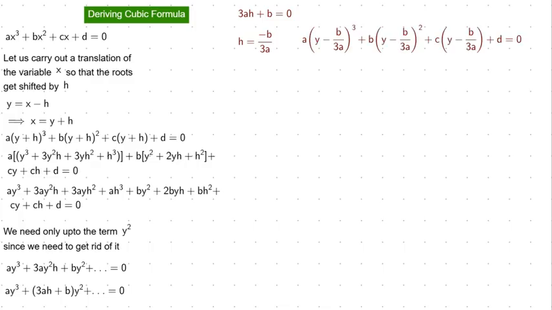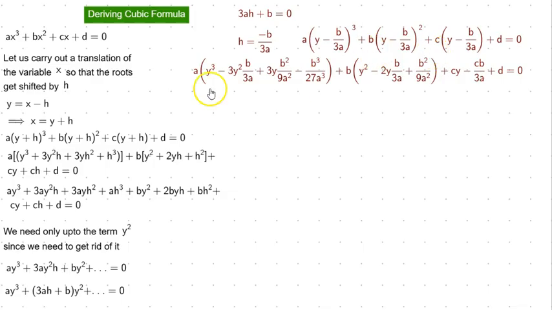Now we replace this in this equation. Where is that? This one. So a times (y minus b by 3a) cube plus b times (y minus b by 3a) square plus c times (y minus b by 3a) plus d equal to 0. Now let's expand these powers.